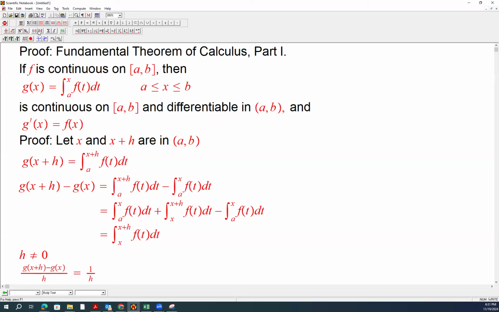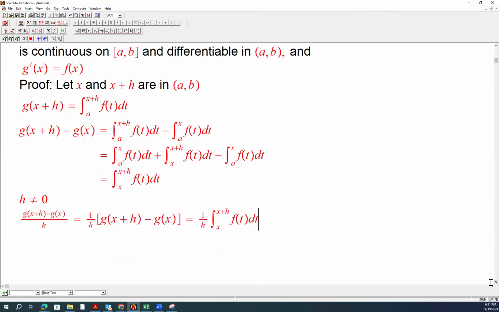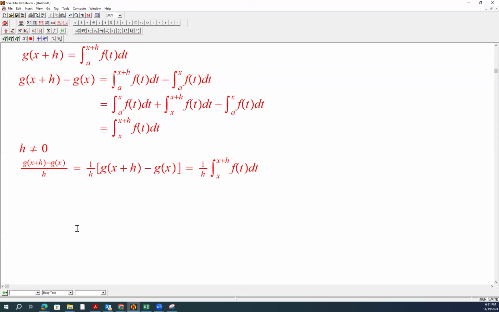I'm going to write it in a different form: 1 over h outside, and this piece replaced by that integral. Now we're going to apply that f is a continuous function.